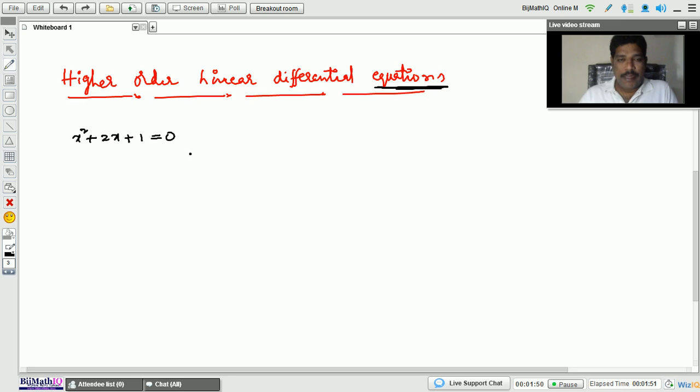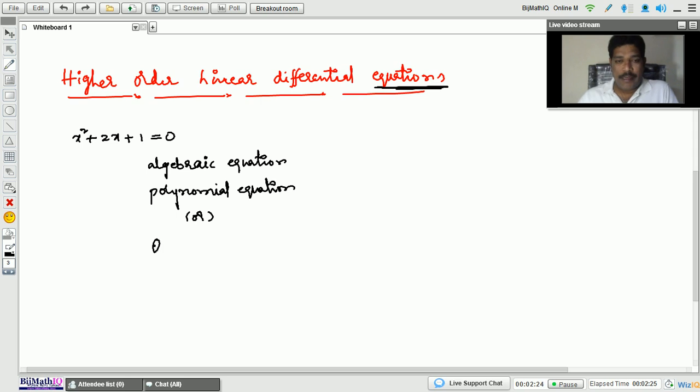This is called an algebraic equation, or a polynomial equation, and the standard name is quadratic equation.